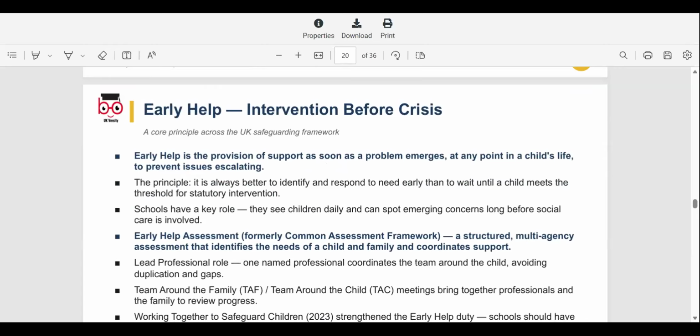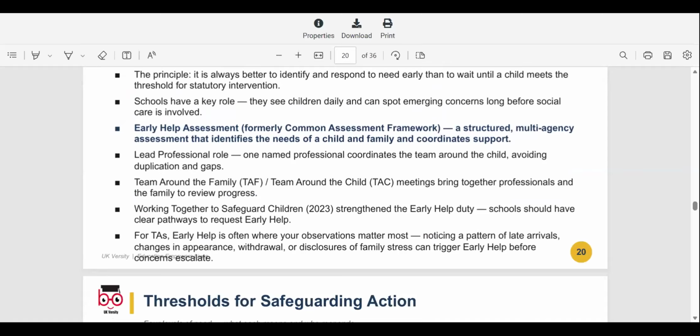Early intervention before crisis. When we look at early intervention before any sort of crisis, it's vital to approach it through the safeguarding framework. It provides timely support to children, young people and families where they need it, and makes sure that it meets the thresholds. Schools have a key role in spotting any emerging concerns; it is your role to identify this.